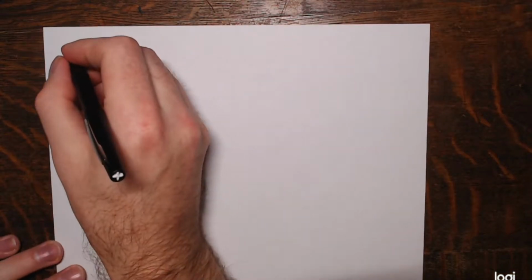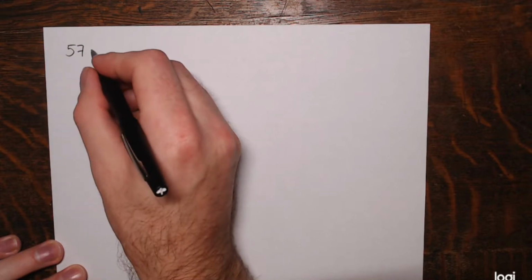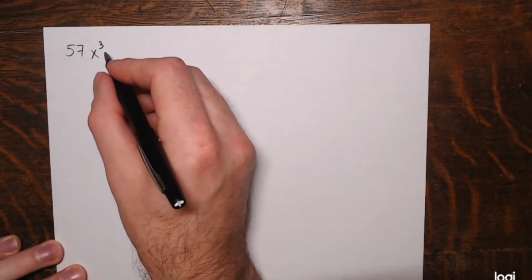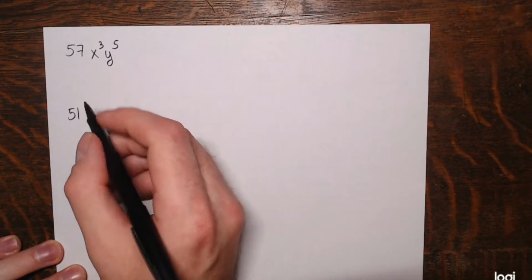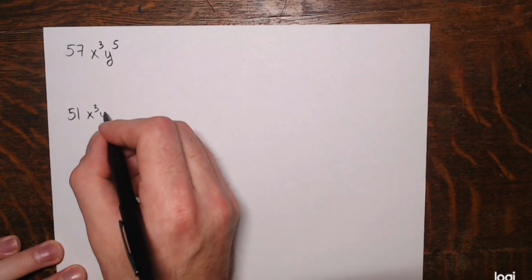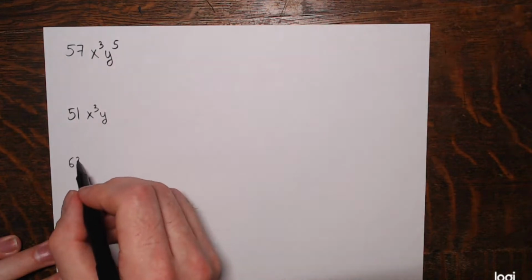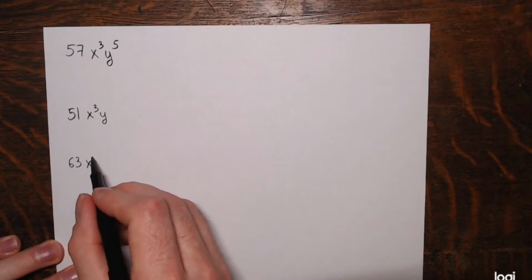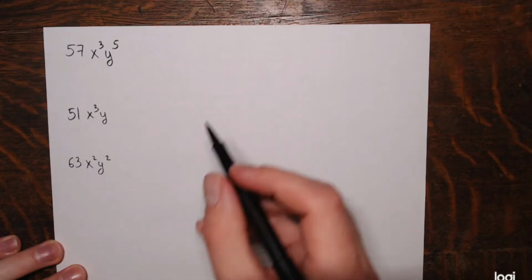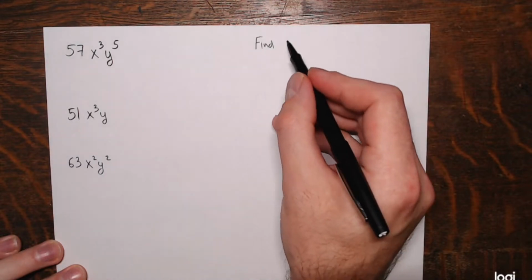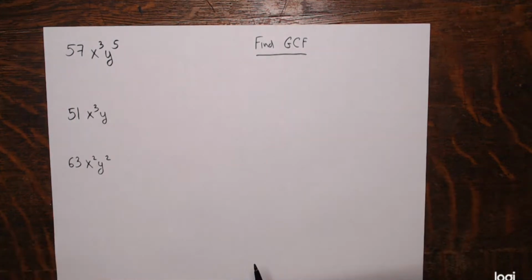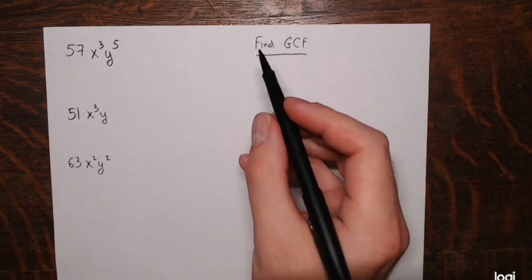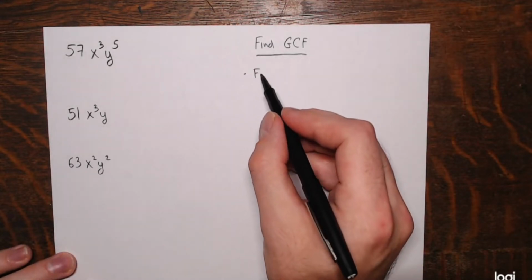So 57x cubed y to the 5th, then 51x cubed y, 63x squared y squared, and we're asked to find the greatest common factor, or the GCF. So how do you find the greatest common factor of expressions or terms of a polynomial? Well, one way is to factor each expression completely.